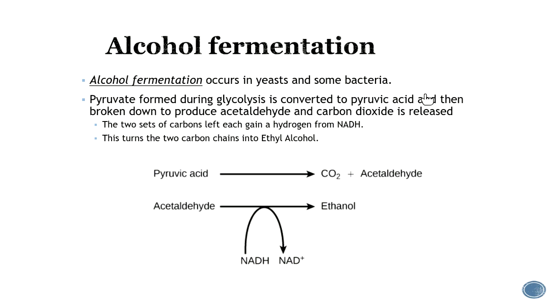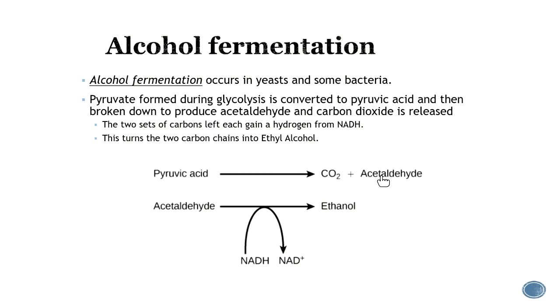Now the other big type of fermentation that we think is really important is alcohol fermentation. This occurs in yeast and in some bacteria. So pretty much the same thing. We went through glycolysis, but now we need to get rid of those electrons and get back to NAD+. So we take that pyruvate and convert it into acetaldehyde.